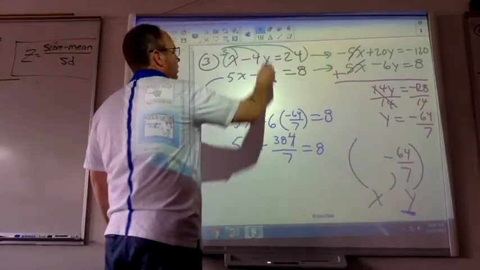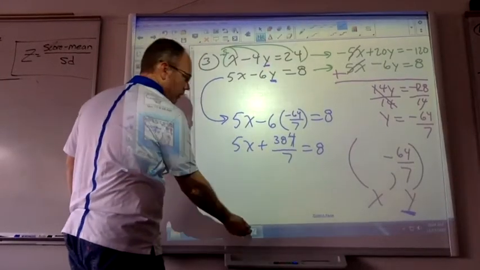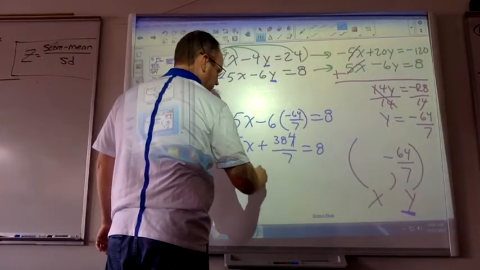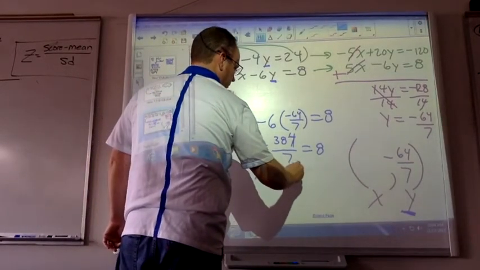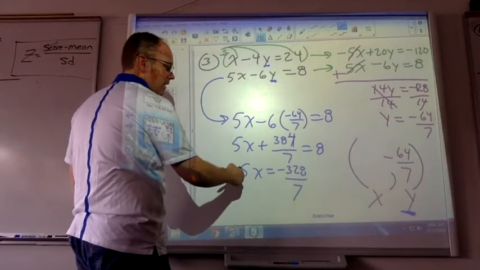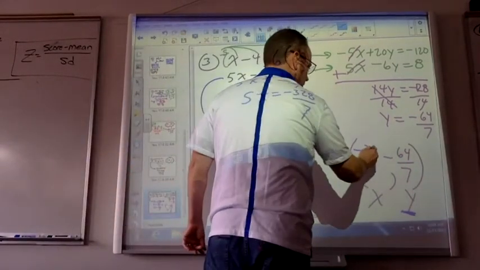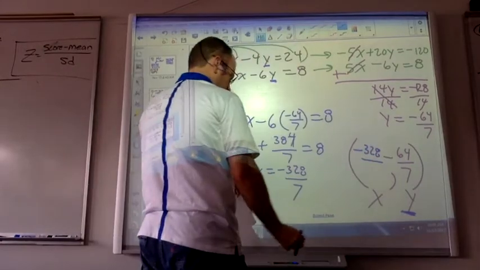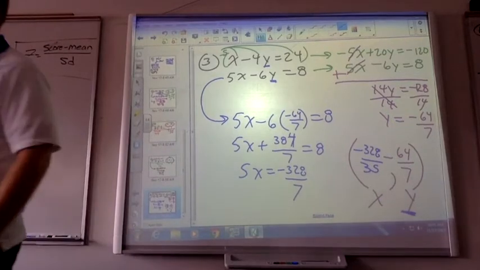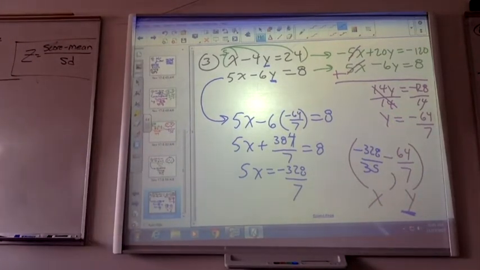Oh my goodness, we just got ugly. If I divide both sides, ew. Guys and girls, that is as ugly as can be. Could you imagine trying to graph that and find where they intersect?